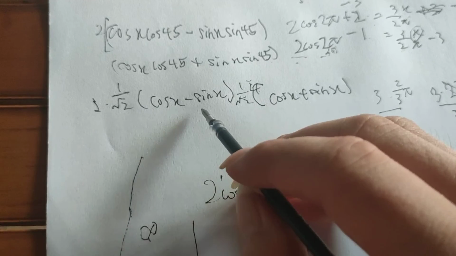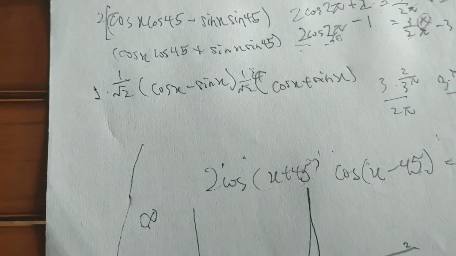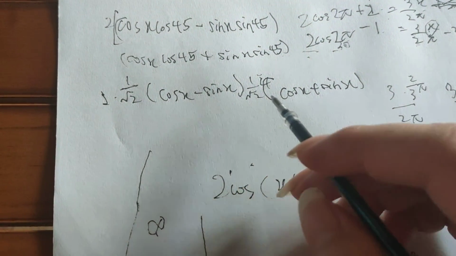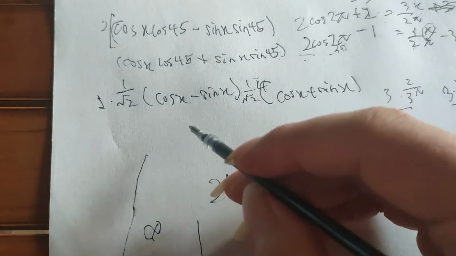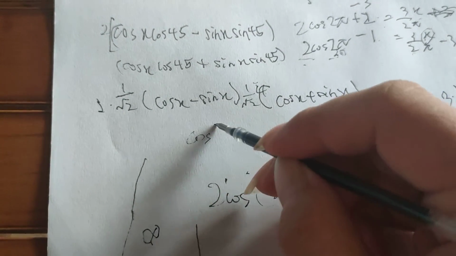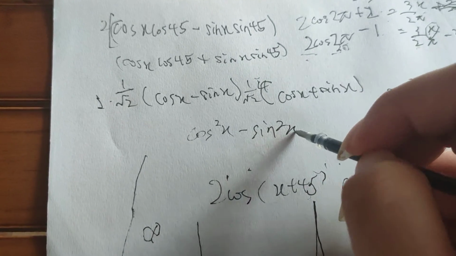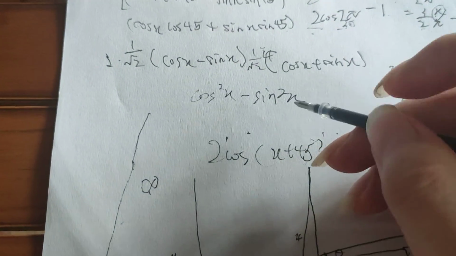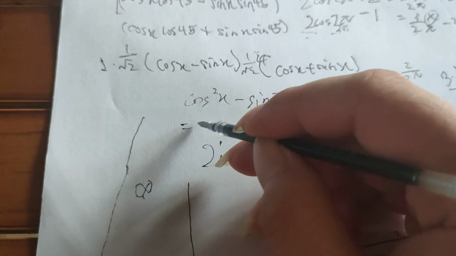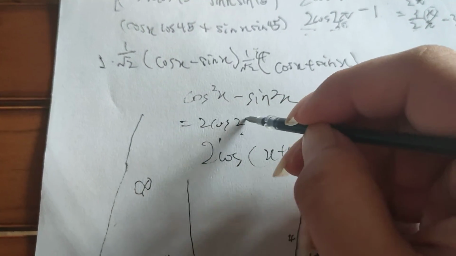And cos x minus sin x and cos x plus sin x is cos square x minus sin square x, which give us 2 cos 2x.